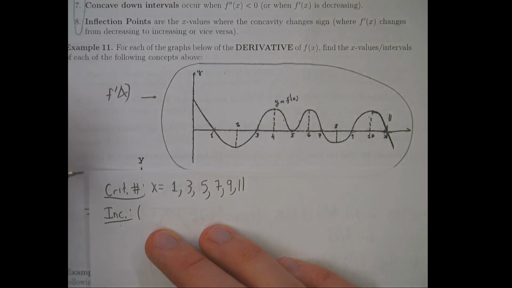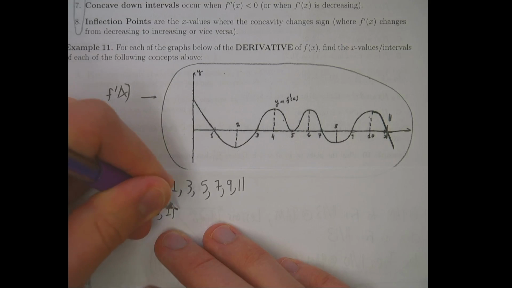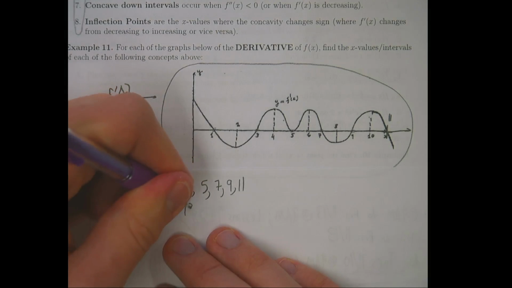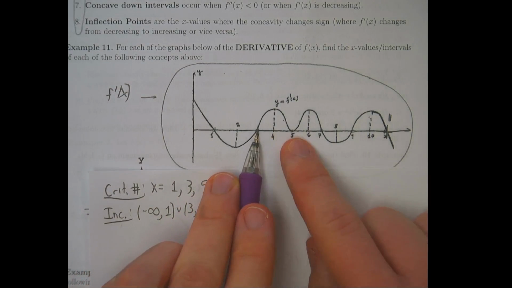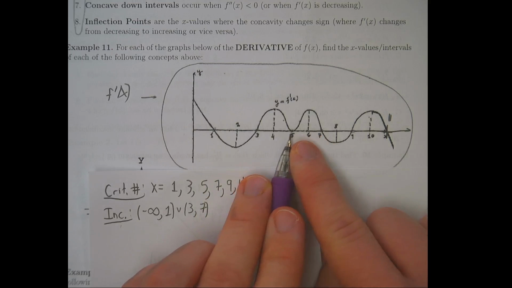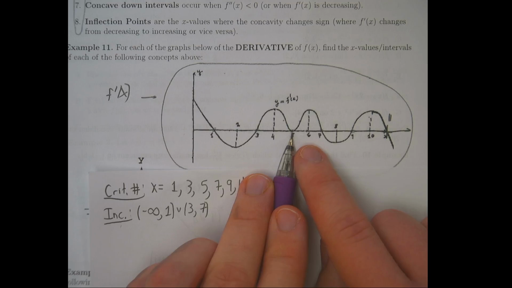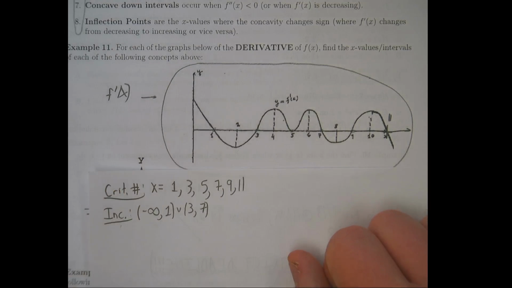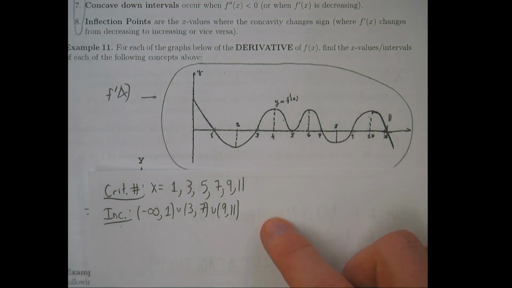Negative infinity to 1. Then 3 to 7, because going from increasing to increasing again means you have to include the point not included in these 2 intervals, so you have to include x equals 5 here. And then 9 to 11. Good.